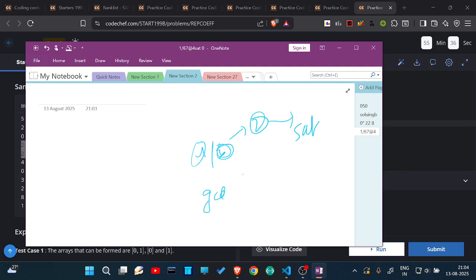So GCD of the value that you get in that is the basic element. GCD of what? AI, AI plus 1, and then the value.